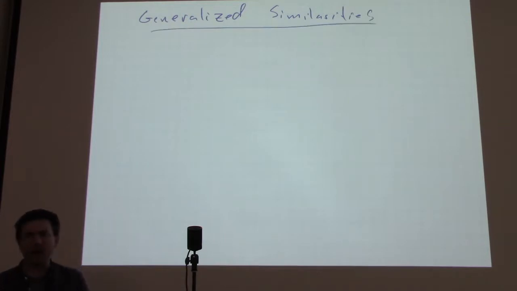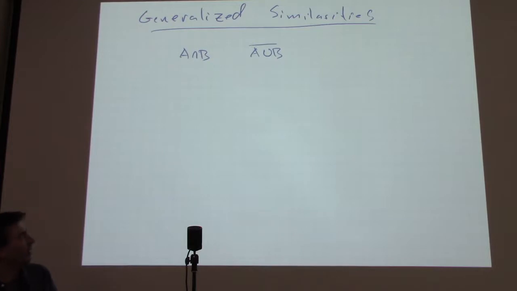To define them, I'm going to define 3 different operations. Let's do this up here. So A intersection B. I'm going to use A union B. It turns out I'll take the complement. I'll want to use the complement of A union B for a reason here, right?